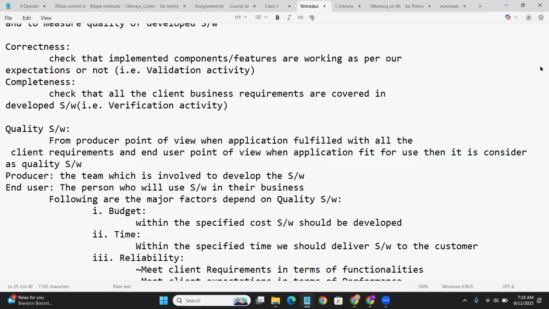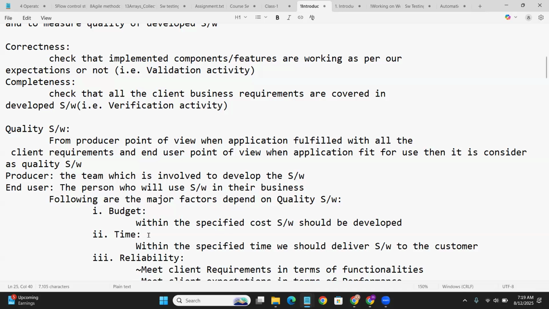The producer is the team involved in developing the software, and the end user is the person who is finally going to use it.